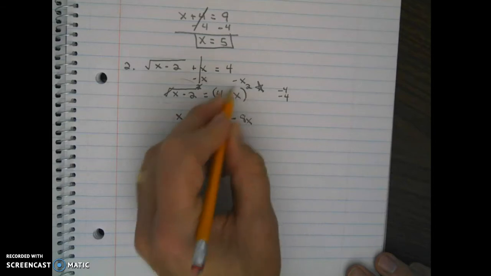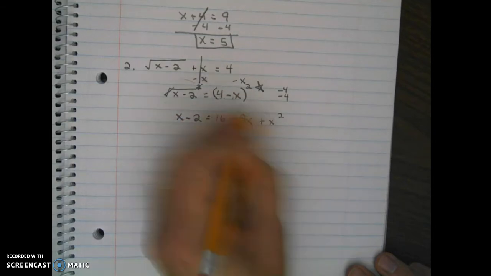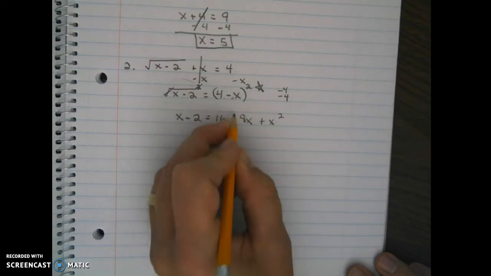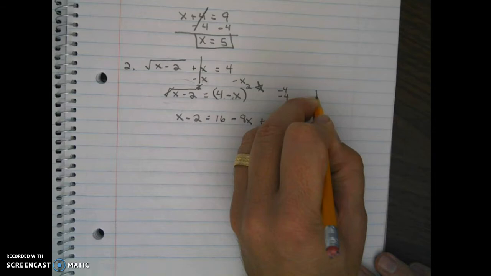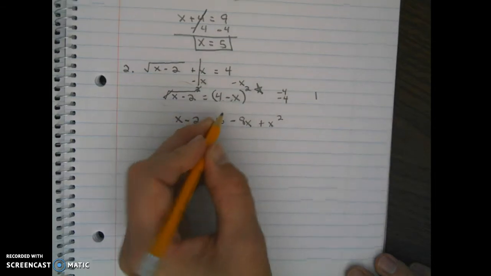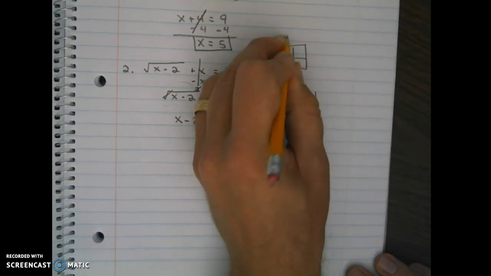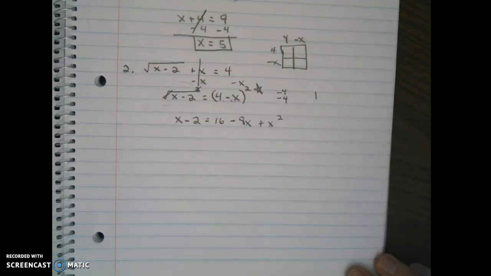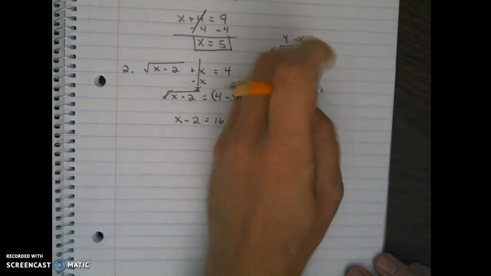And then we have -x squared, which is positive x squared, because a negative times a negative is a positive. So for those of you that are confused, you may want to do the box method on this. If you do the box method, you'll end up with this equation right here.